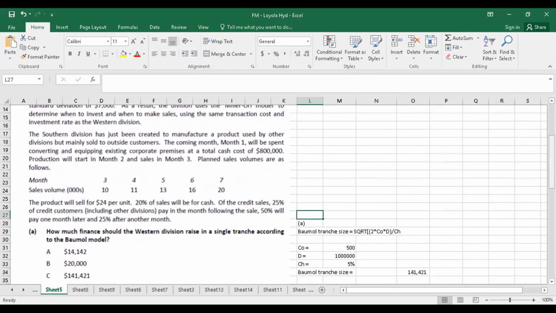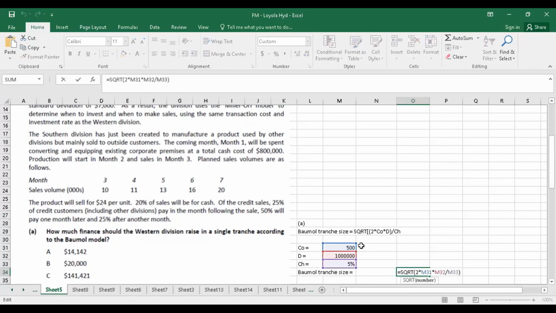So substitute the data in the formula, 2CoD divided by Ch, with the entire fraction under the root. So 2 into Co is 500, into the requirement. For 2 years it is 2 million, so 1 year will be 1 million, divided by 5%. And then find out what is the cash requirement during the year.